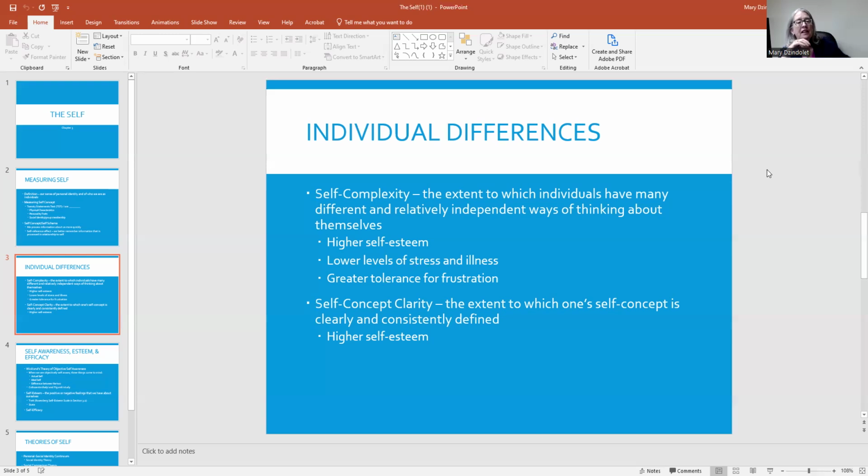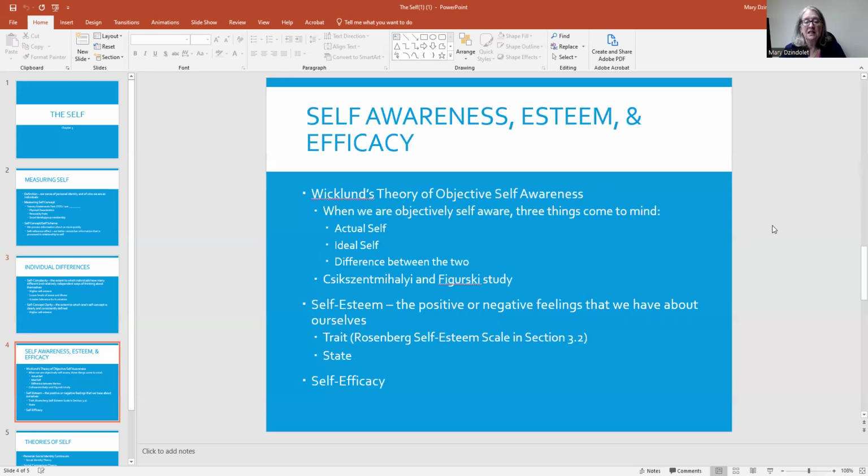You're shedding the self-concept that your family gave you and creating a new one with friends and sports and all these other things, and everything's changing. During that time, self-esteem for a lot of people takes some hits. So complexity and clarity are two characteristics of our self-concept, or self-schema, that vary.